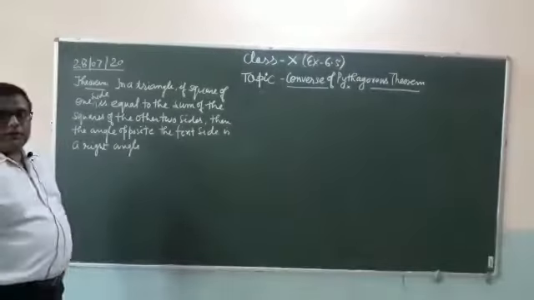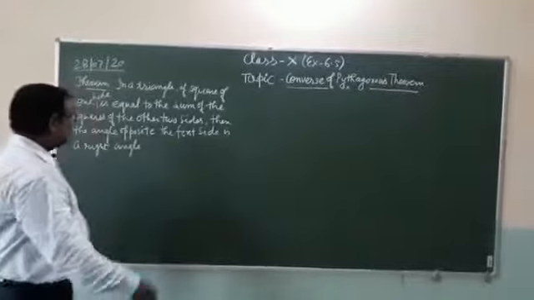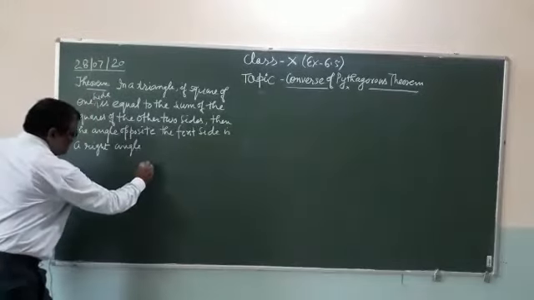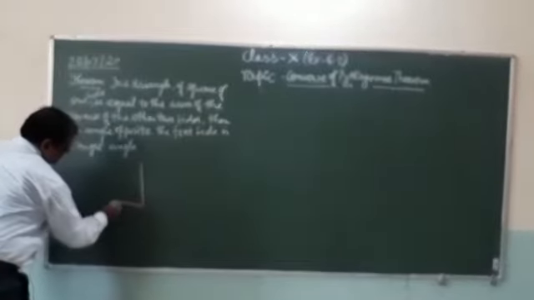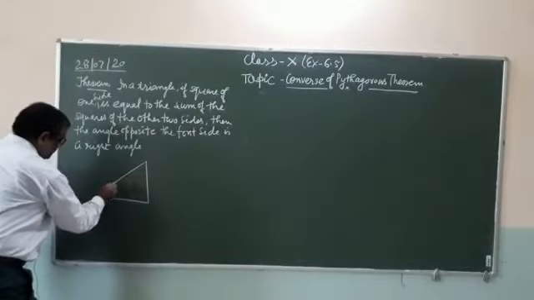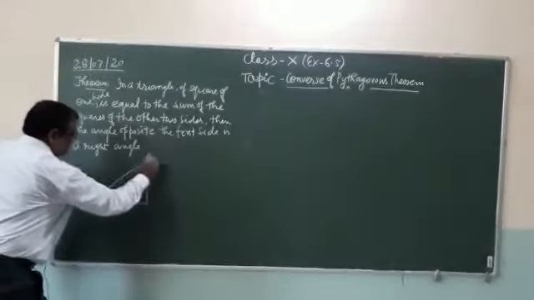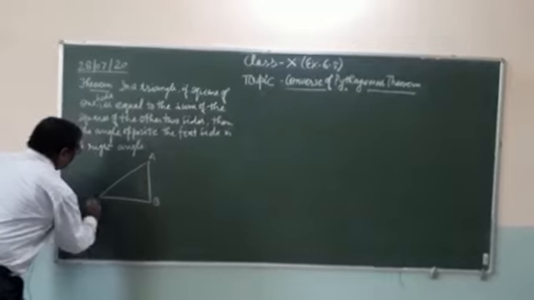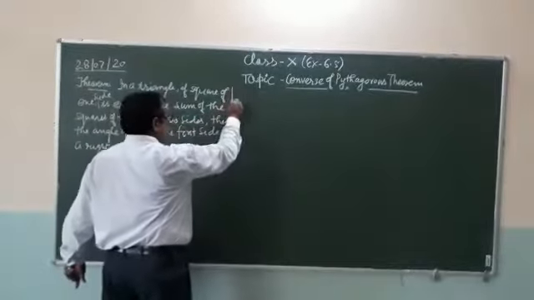Now first of all we have to draw the figure. Here this is a triangle. Let ABC be a triangle, and what is given? First of all write the given.